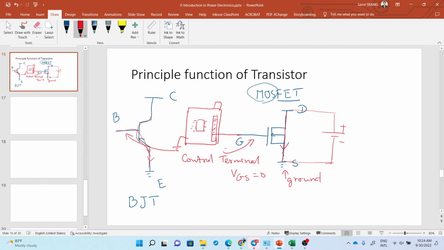And before, researchers in the past already knew that the electronic switch is the key ingredient for revolutionizing computation and power electronics. That's why researchers tried to find what kind of material can be used to build this kind of electronic switch.